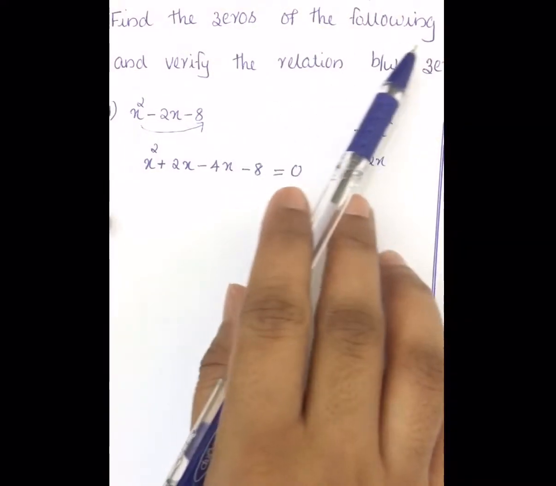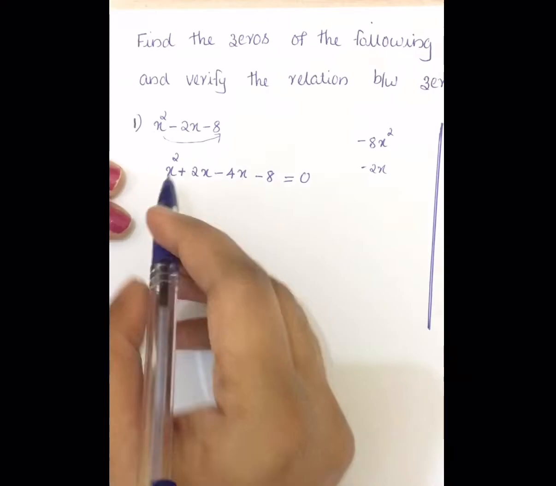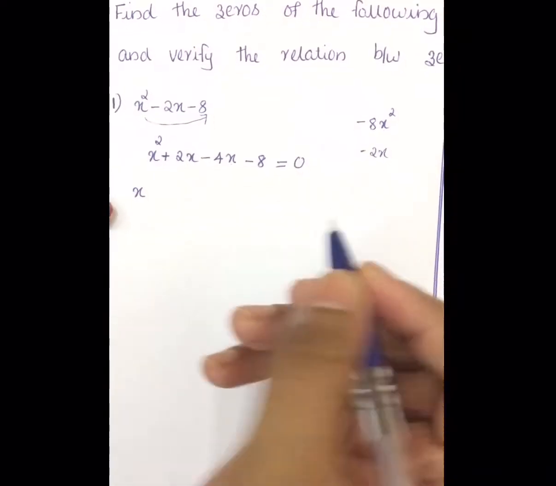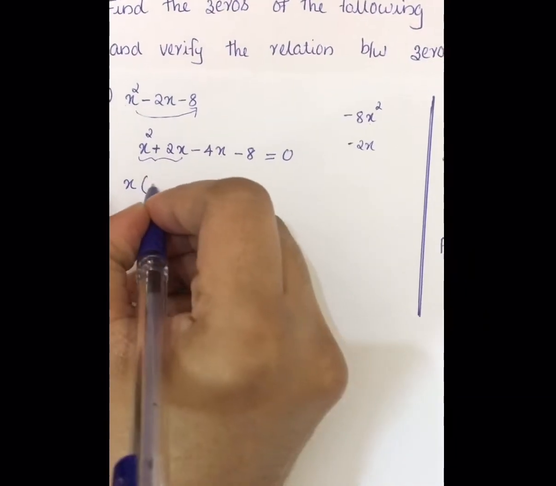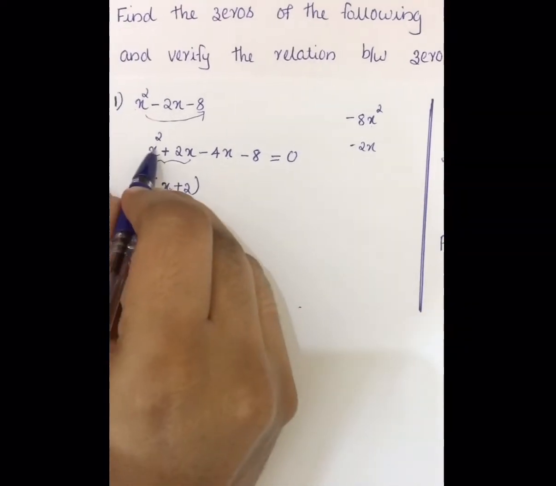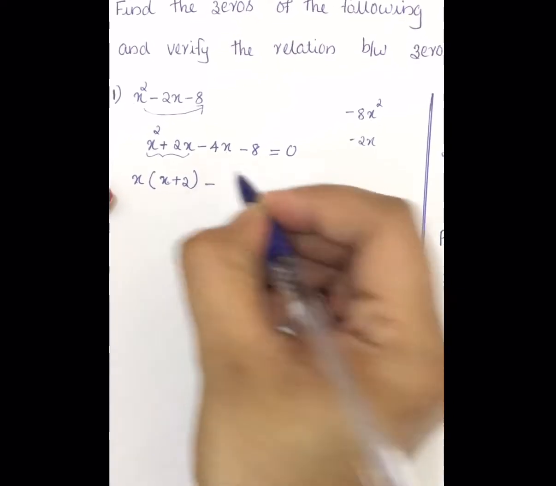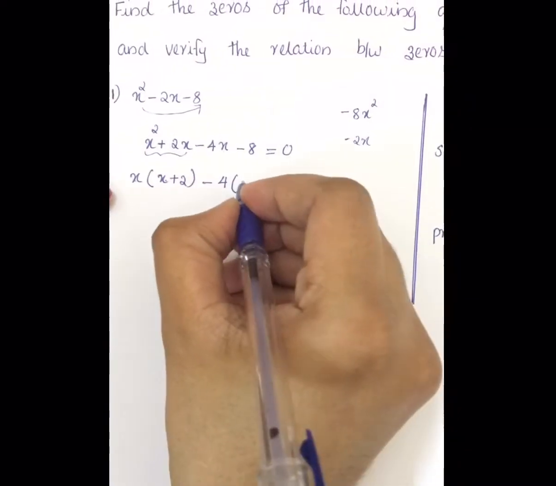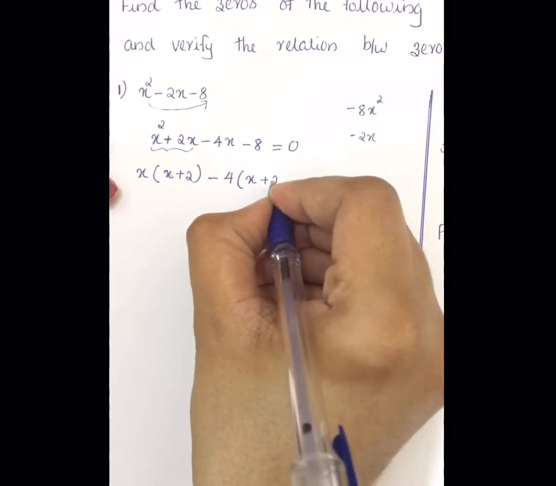To get the zeros of the polynomial, we have to put it equal to 0. Now you can write it as, taking x outside, x into x plus 2, that is x square plus 2x, then minus 4 outside, the balance is x plus 2.